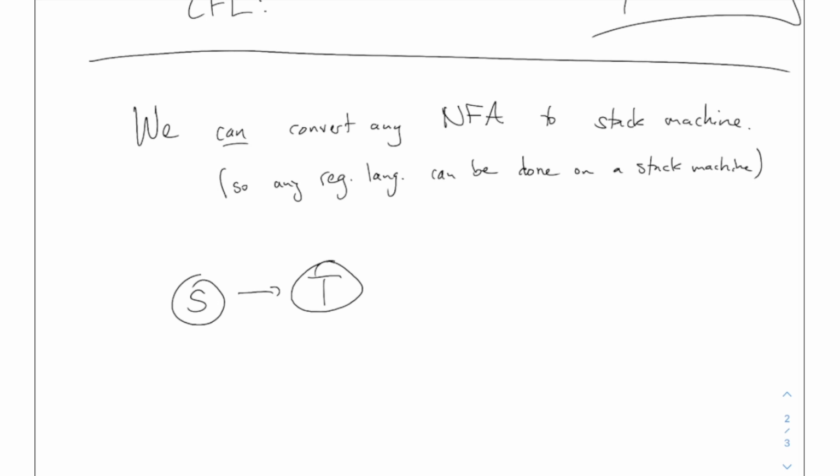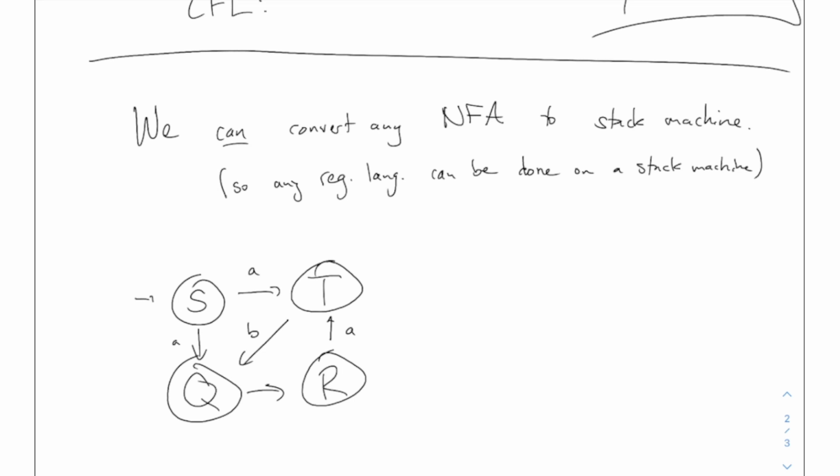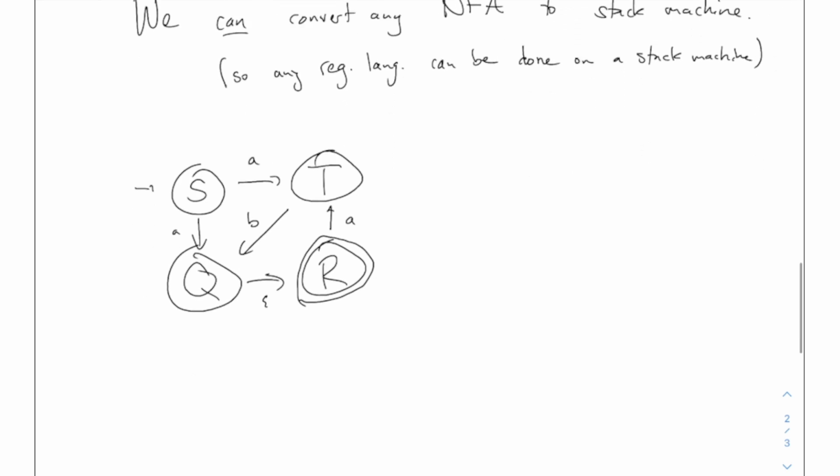I'm going to have 4 states, S, T, Q, R. And let's go like this, with transitions on A and B. Let's put an epsilon in there just to make it interesting. All right, how about this NFA?